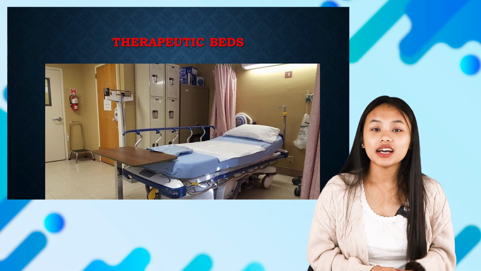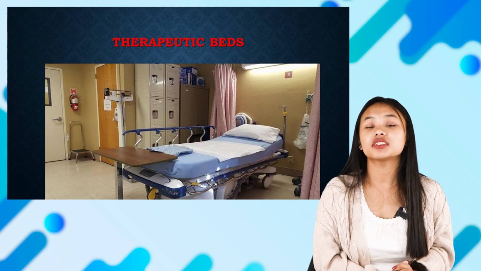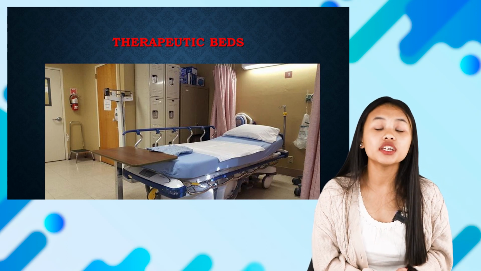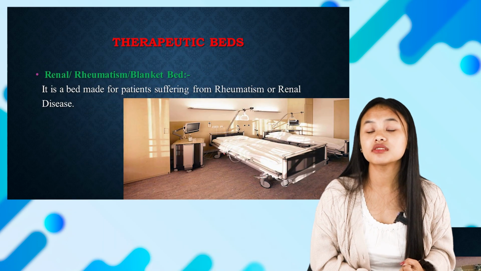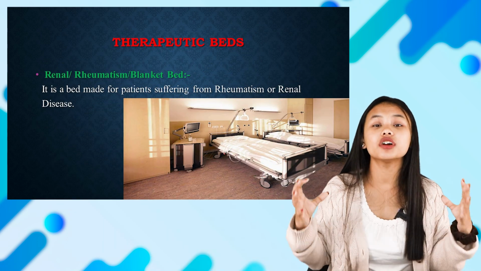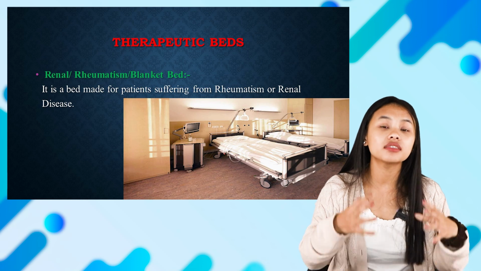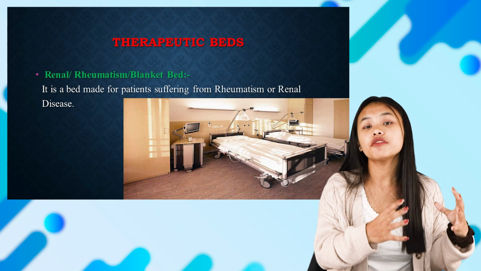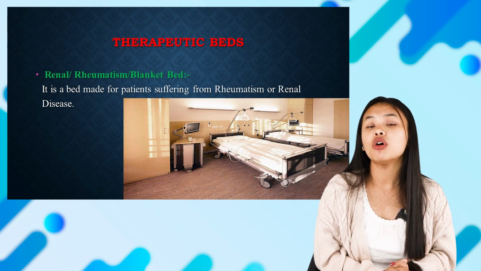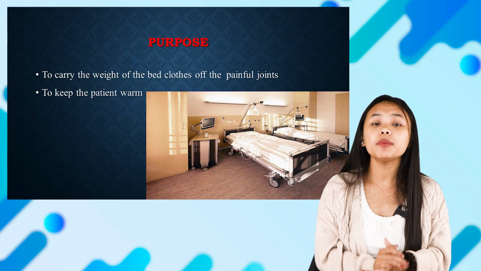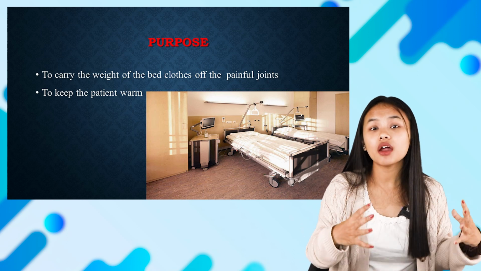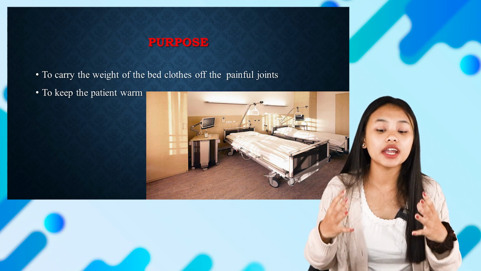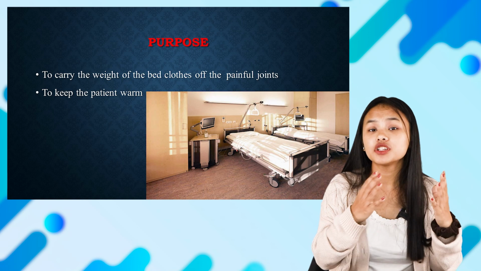So moving on to the last bed, which is the therapeutic bed. This therapeutic bed is also commonly known as the renal rheumatism or the blanket bed. So here, from the name itself, you can understand that this is a type of bed which is usually made for client who is suffering from any rheumatism or renal diseases. The main purpose of this bed is to carry the weight of the client clothes off the painful joints.